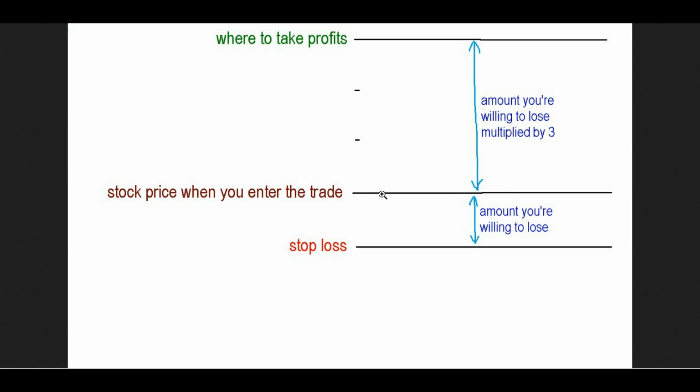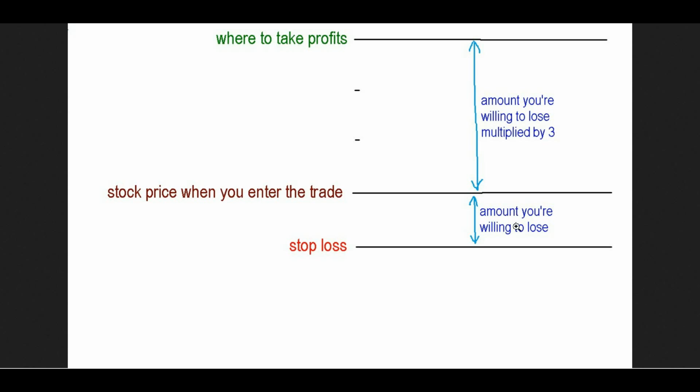First you have to think about the maximum amount of money that you're willing to lose on that trade, and it should be a small amount. It should be 5% of your trading account or less. Better yet, if it's only 1 or 2 or 3% of your trading account, that's even better, because I believe in taking small position sizes per trade.